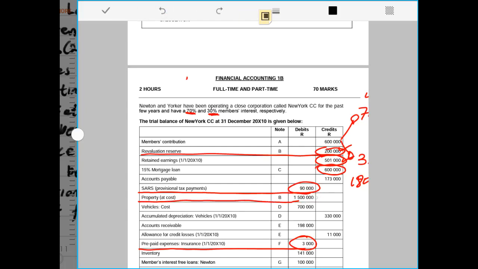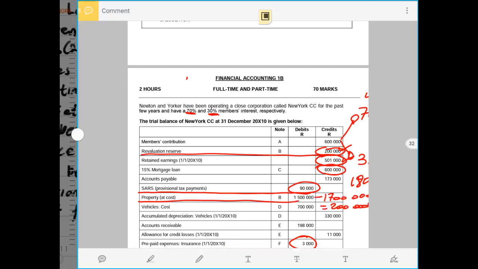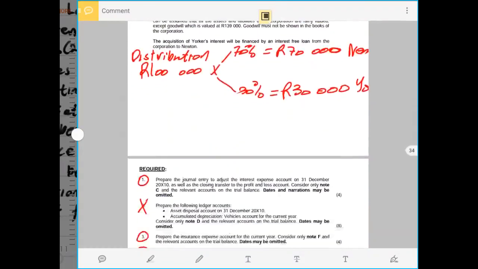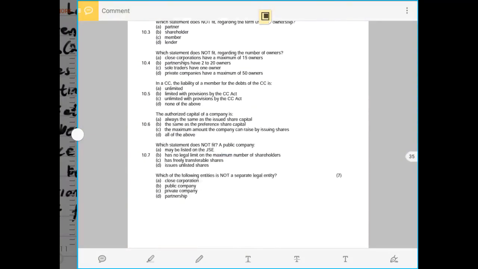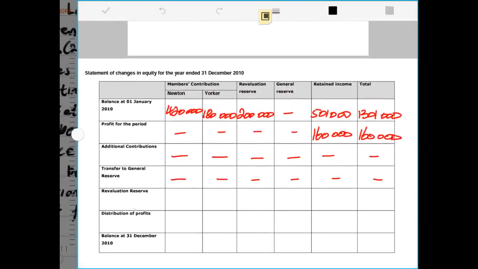So now if you say 1,500,000 rands minus 1,700,000 rands, you will see that there is an increase in the value of the land by 200,000 rands. So now our revaluation surplus for the current financial year will be 200,000 rands, which is the same as the opening balance. Revaluation is 200,000 rands by the end of the year. Then that goes straight under total of the total column.